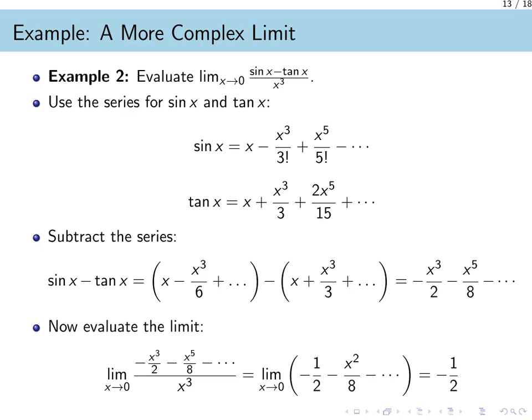Now we can substitute this result back into the limit. The x cubed in the numerator and denominator cancel, leaving negative 1/2 plus some terms that still depend on x. As x approaches 0, these remaining terms disappear. Therefore, combining series expansions allows us to find that the limit is negative 1/2.